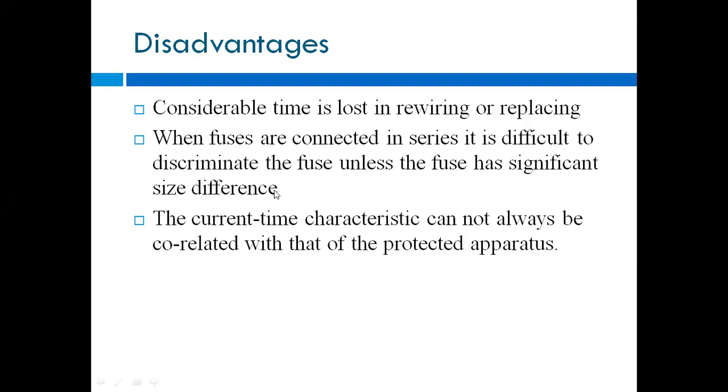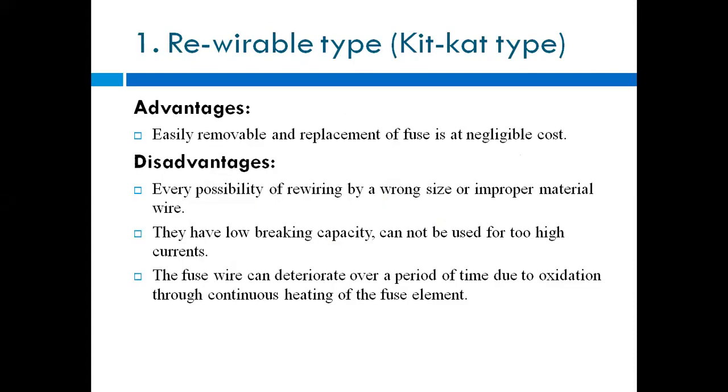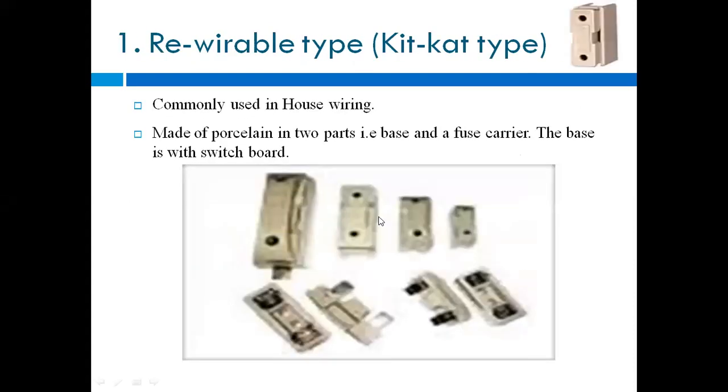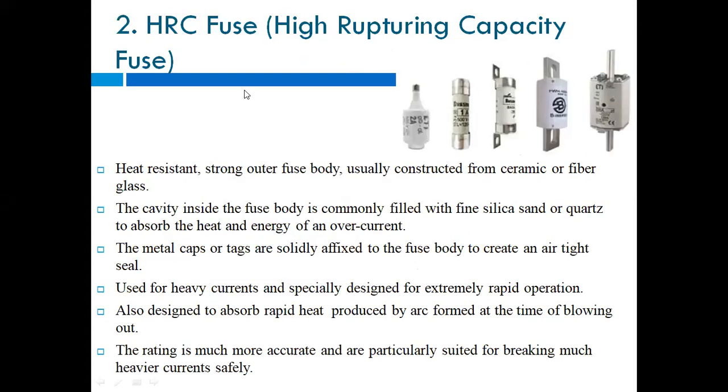So we are seeing only the main points which are asked in the examination. The rewirable or KitKat fuses are used in our homes. The high rupturing capacity fuses are used for industrial applications.